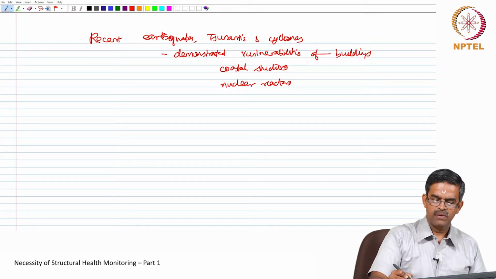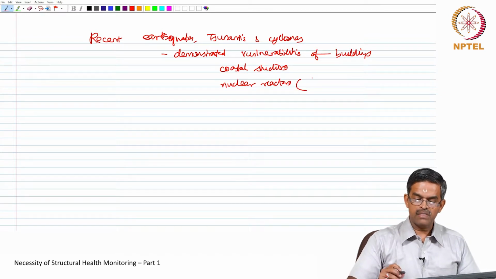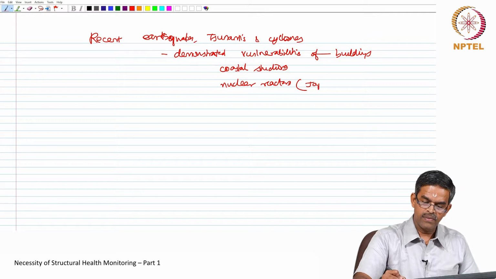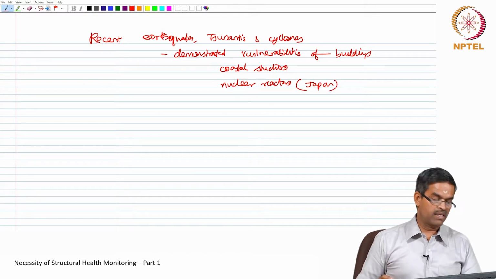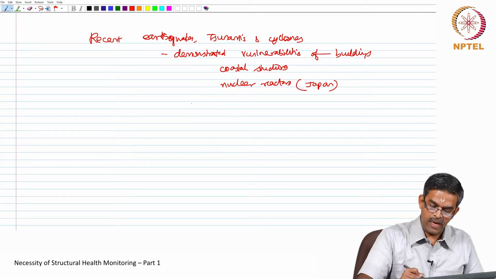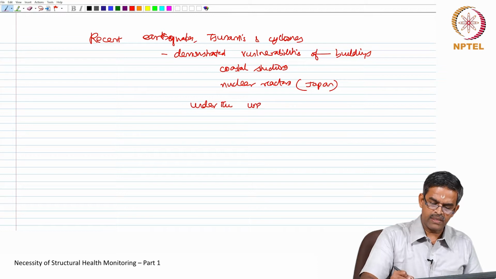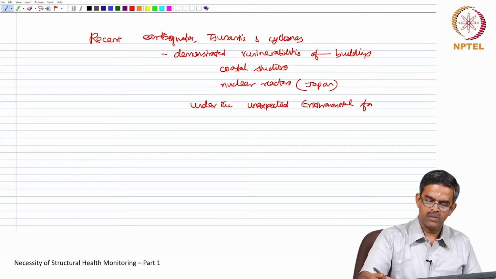Especially if you look at the devastation that happened in Japan, nuclear reactors were very badly affected under unexpected environmental forces.